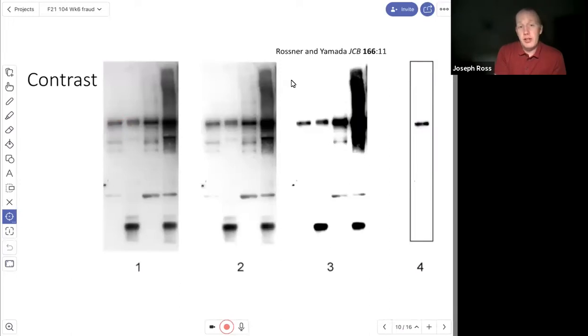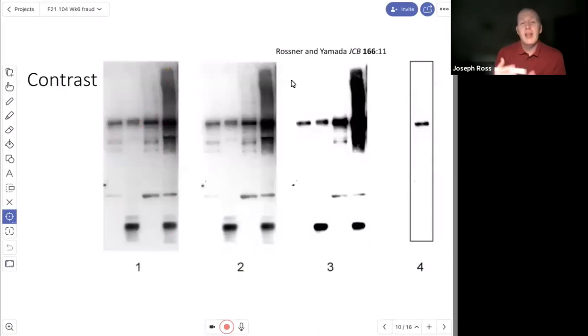So what did they not like about their original image? Well, it's got this really smudgy band over here, and there are multiple bands in this lane, and they don't really want the readers of the paper to be distracted by, well, what's this band represent? What's that band represent? Maybe if we just display this really cleanly to the readers, like in panel 4, it'll be an easy interpretation by people that are reading the paper. They won't get distracted by all this other data.